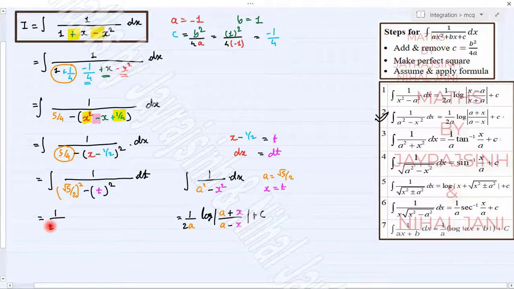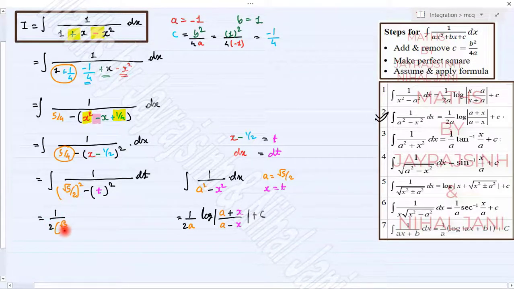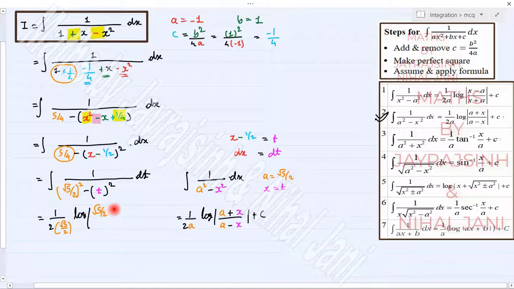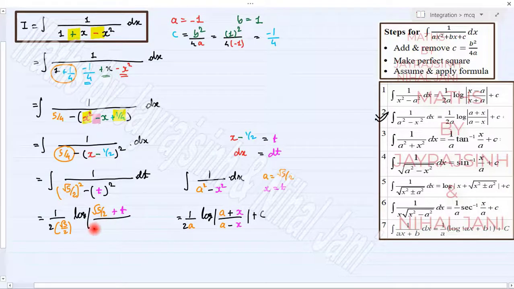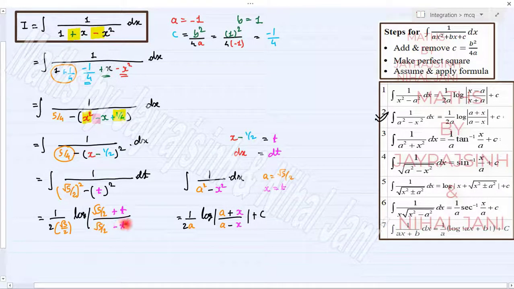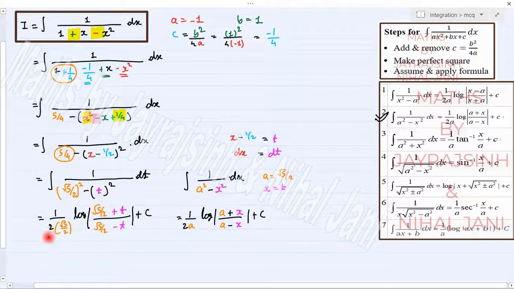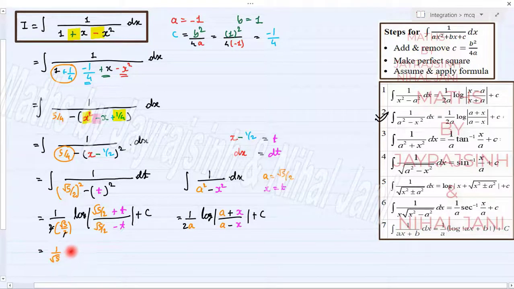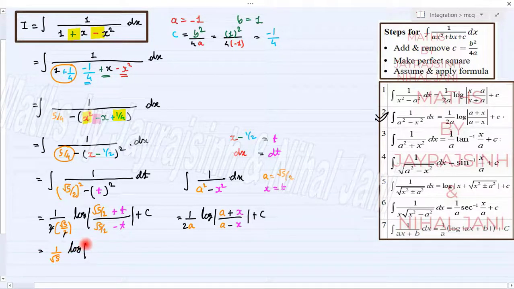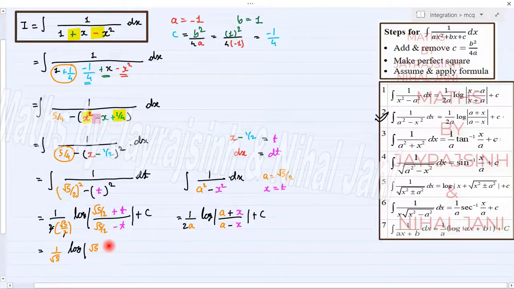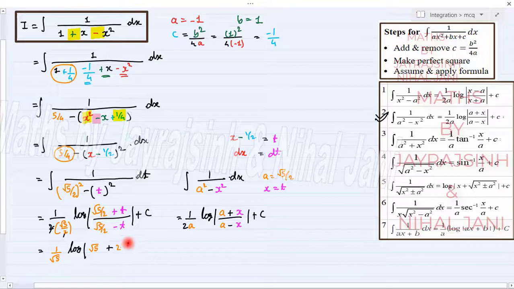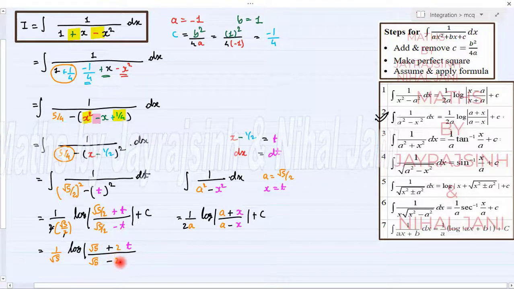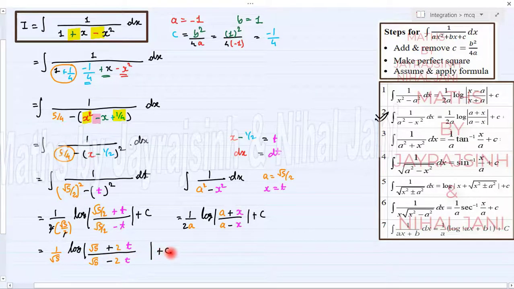So here we get 1 upon 2 times root 5 by 2 log mod root 5 by 2 plus t upon root 5 by 2 minus t plus c. Now these two will cancel out. We will get 1 upon root 5, and after taking LCM we will get root 5 plus 2 times t upon root 5 minus 2 times t plus c.